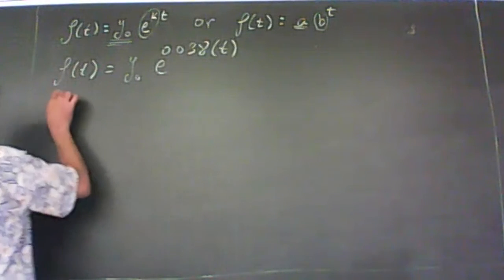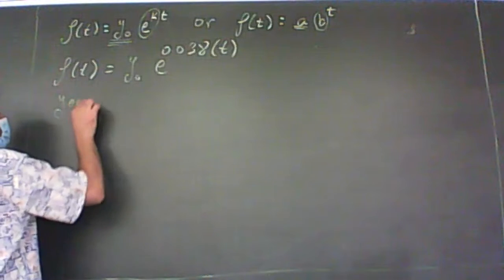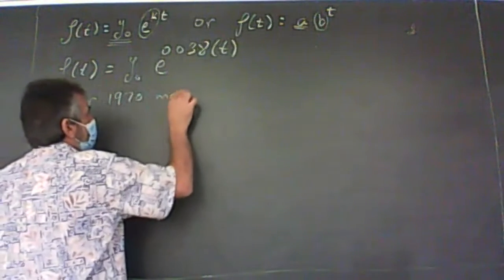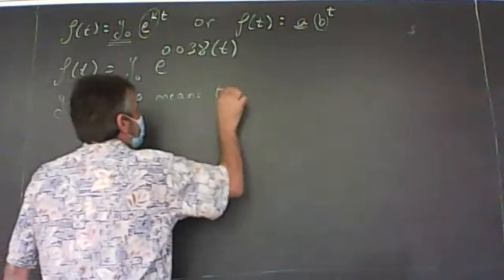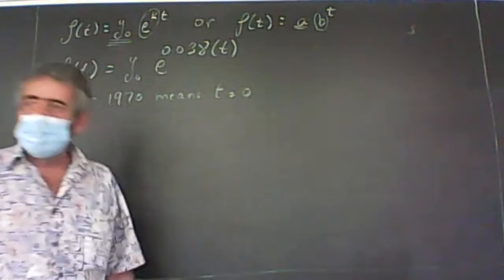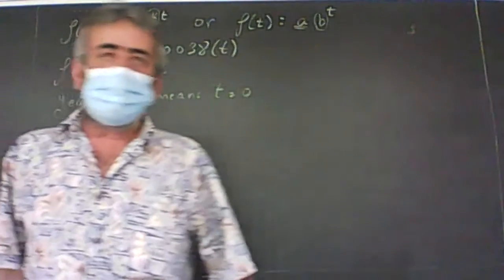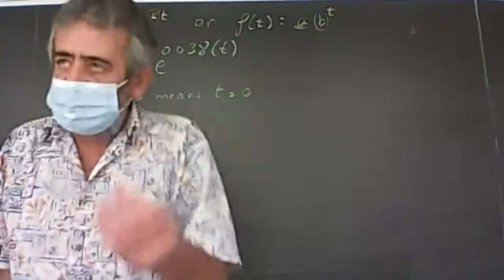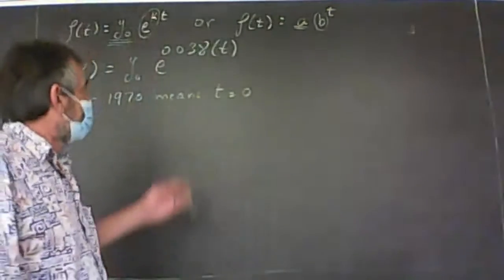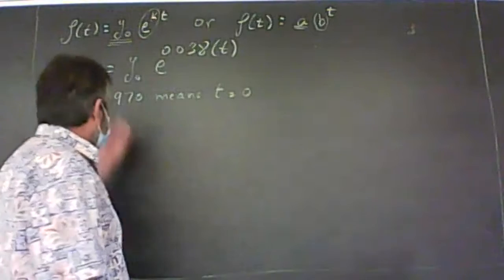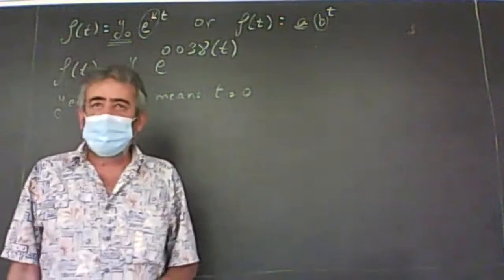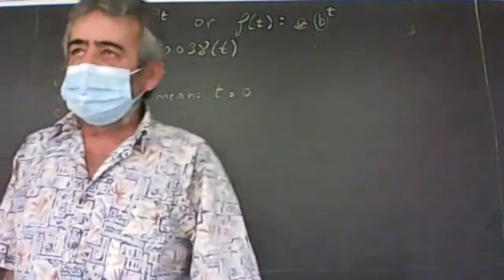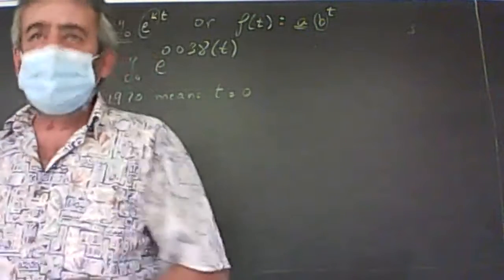So the year 1970 means t equals 0. Another way, this formula was set up and used basically since 1970, let's say. Yes? So this formula is valid for all values of t from 1970.